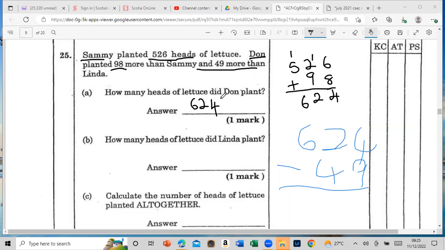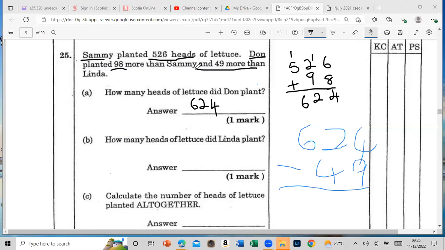Is it Sammy, Dan, or Linda? Dan, sir. Sir, that is Linda because Linda has 673, sir. But look, if Dan planted 98 more than Sammy and 49 more than Linda, he would have planted 673.